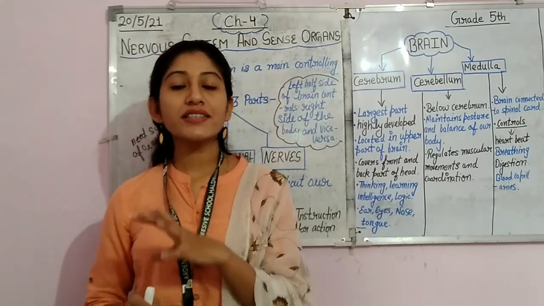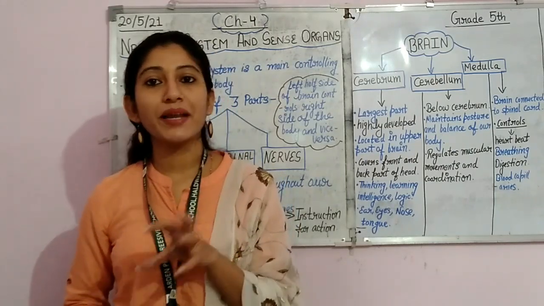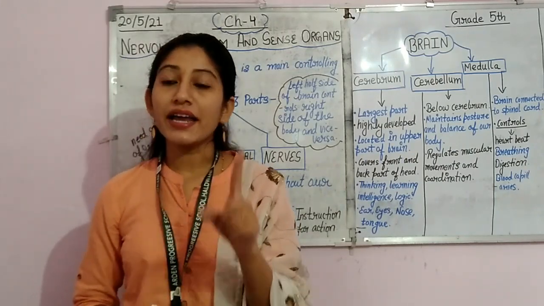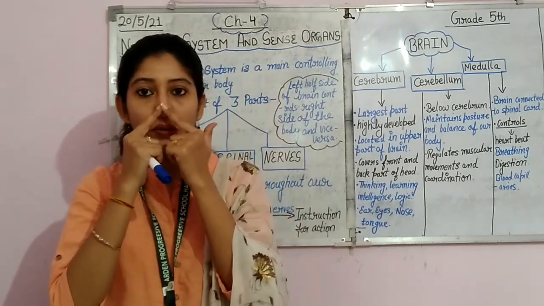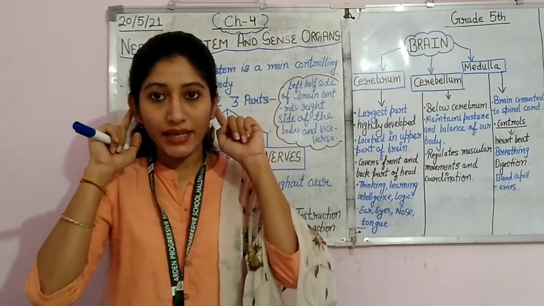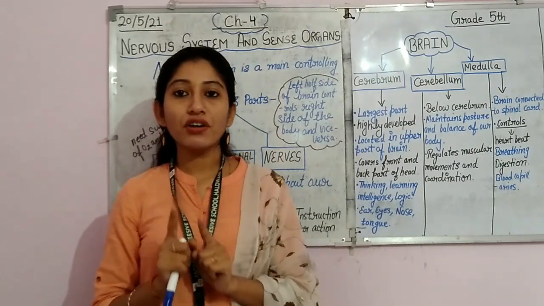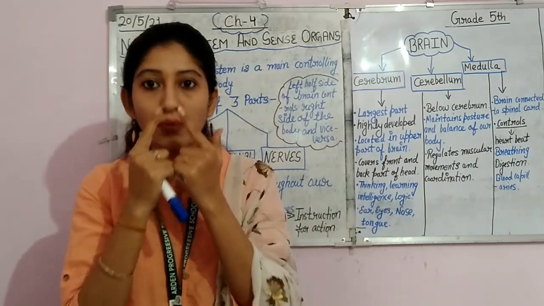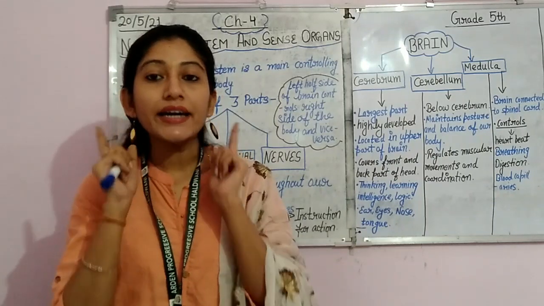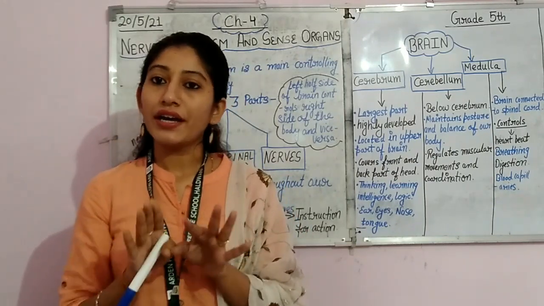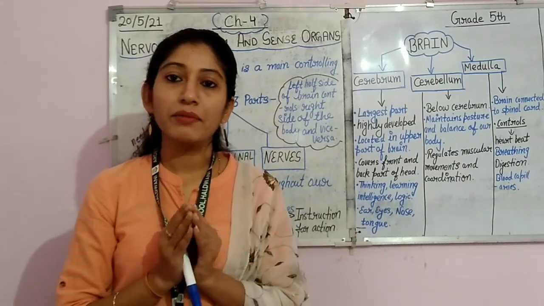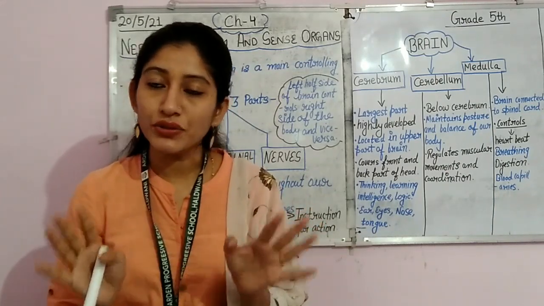So these things are controlled by the cerebrum. As well as cerebrum also controls our eyes, nose, tongue, ear. The function of our eyes, nose, tongue and ear is controlled by the cerebrum. So students, I hope the things about the cerebrum are clear to you.